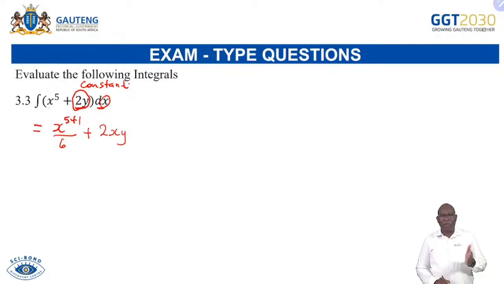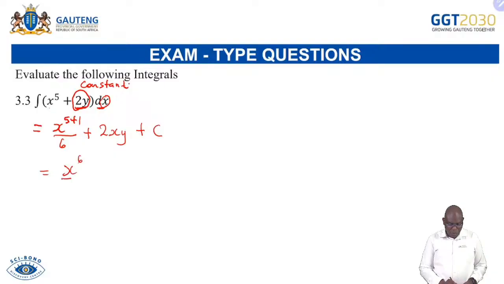Or someone can say yx, it doesn't matter. Xy and yx is the same thing. And then that will be plus c, because it's a constant. So there I'll have x to the power of 6 all over 6 plus 2xy plus c. And that's my final answer.